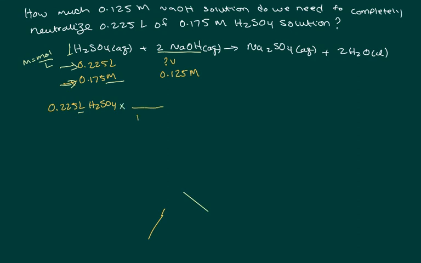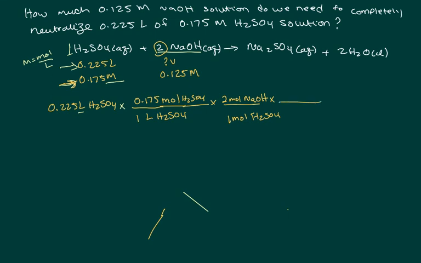For every 1 liter of sulfuric acid, I have 0.175 moles by definition from its molarity here, okay? Now I can use my balanced chemical equation. For every 1 mole of H2SO4, I have 2 moles of NaOH, or sodium hydroxide.